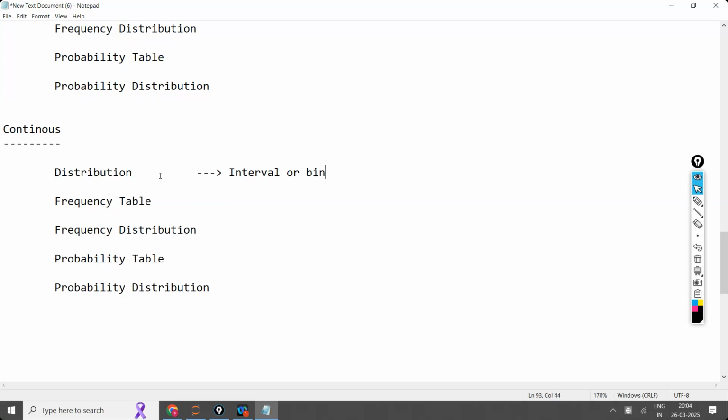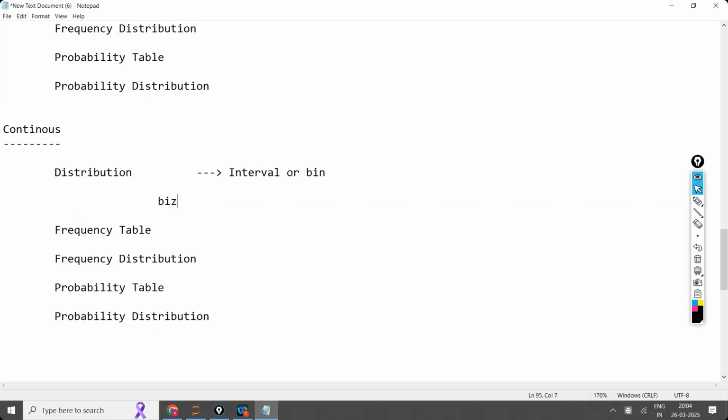Now, how are you going to decide the interval size? Here, bin size or interval size: bin size is equal to maximum minus minimum divided by number of bins.